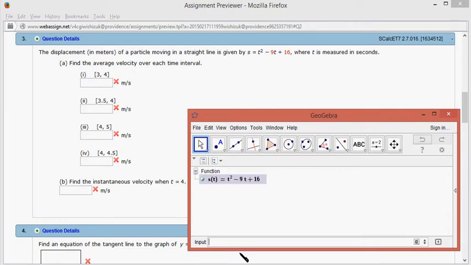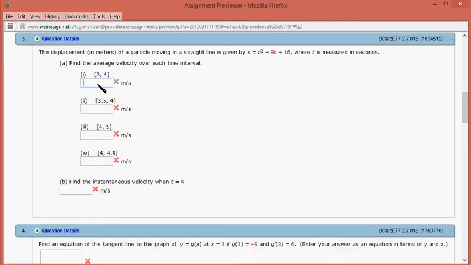If you want to find average velocity from t equals 3 to t equals 4, that's part 1. So let's find out. That will be s of 4 minus s of 3 divided by 4 minus 3, which is going to be 1 anyway, but just type it in. That came out to be negative 2, so I put negative 2.